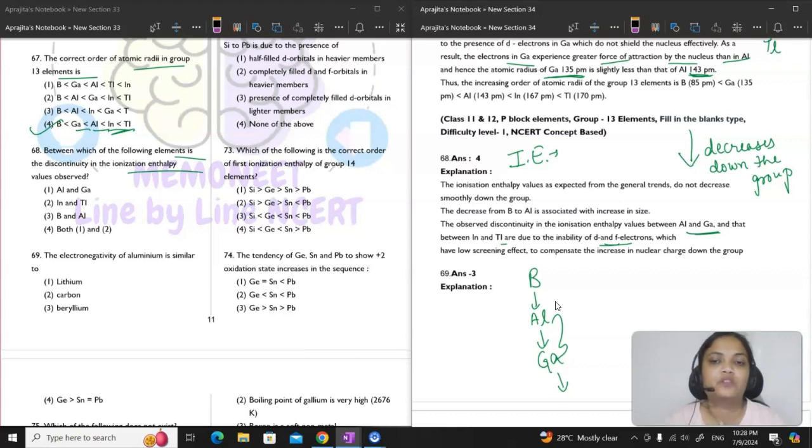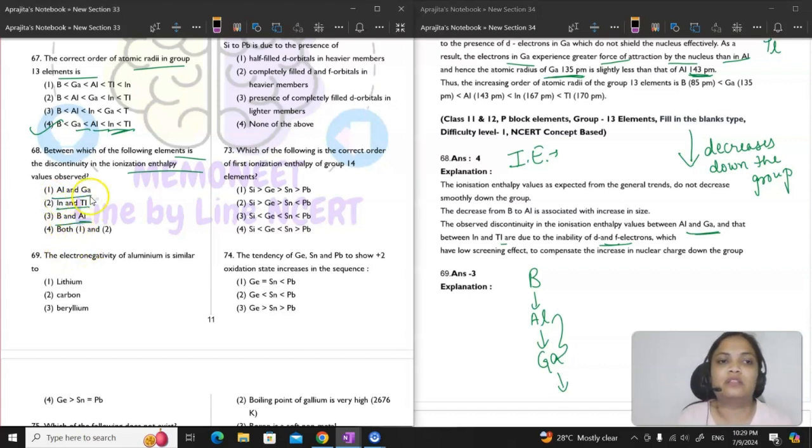So they have low screening effect. In that case, the ionization enthalpy, instead of decreasing, increases because the outer electrons are tightly held by the nucleus. So the discontinuity can be seen in indium and thallium, and aluminium and gallium also, which means both 1 and 2 are correct.